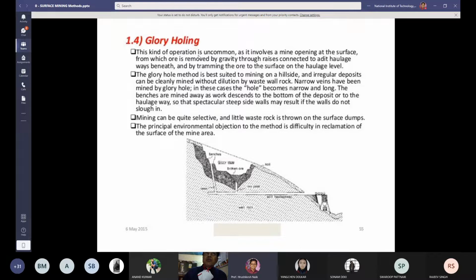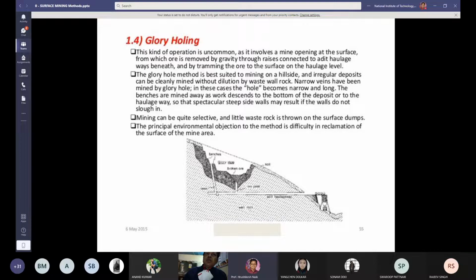This kind of operation is not very common in India or elsewhere, because it involves a mine opening at the surface from which ore is removed by gravity. Here these holes are used to transport the mineral with the help of gravity.